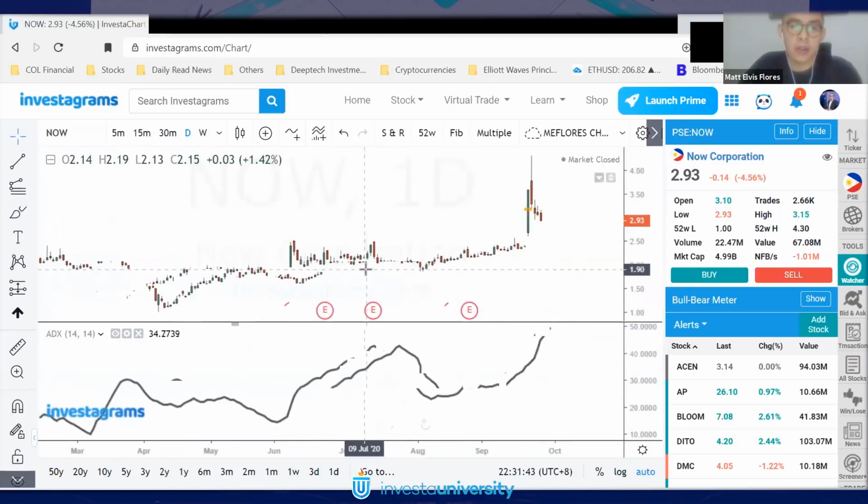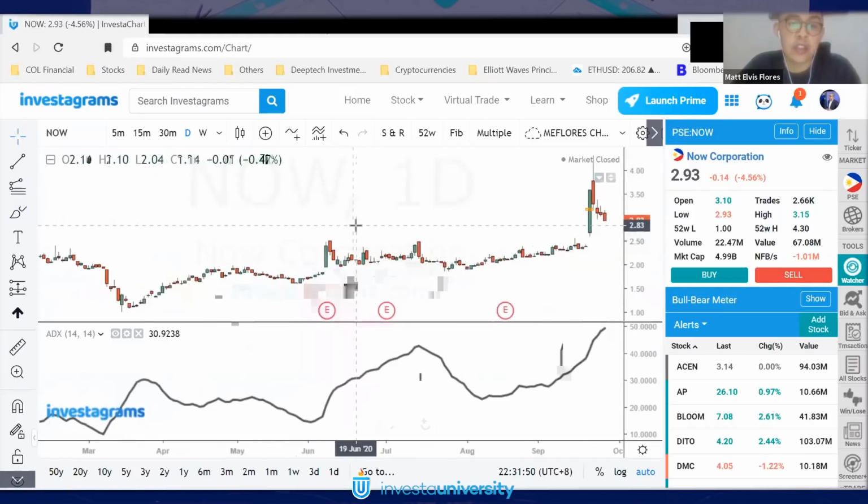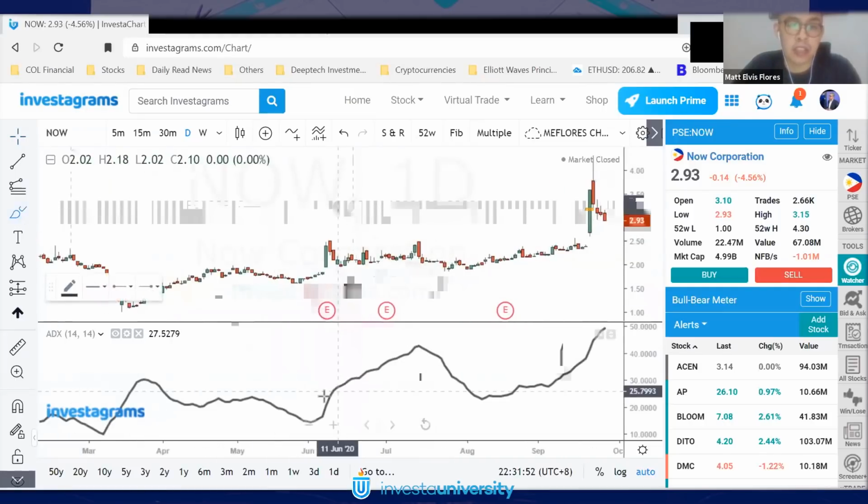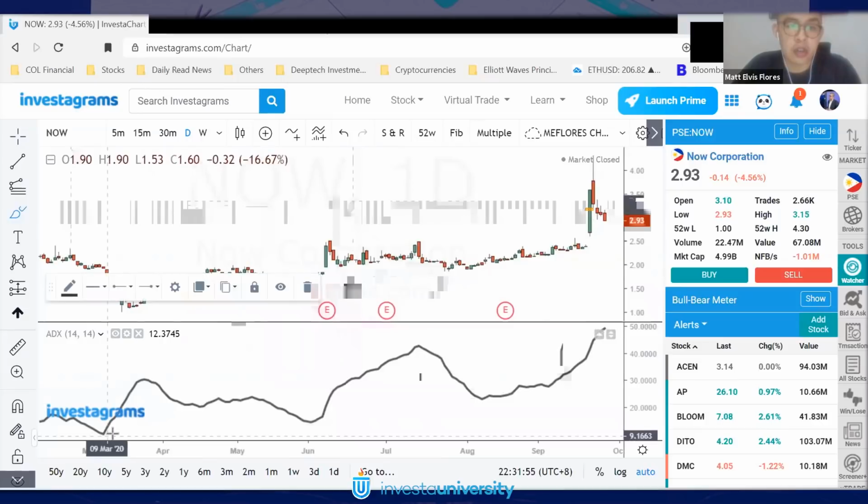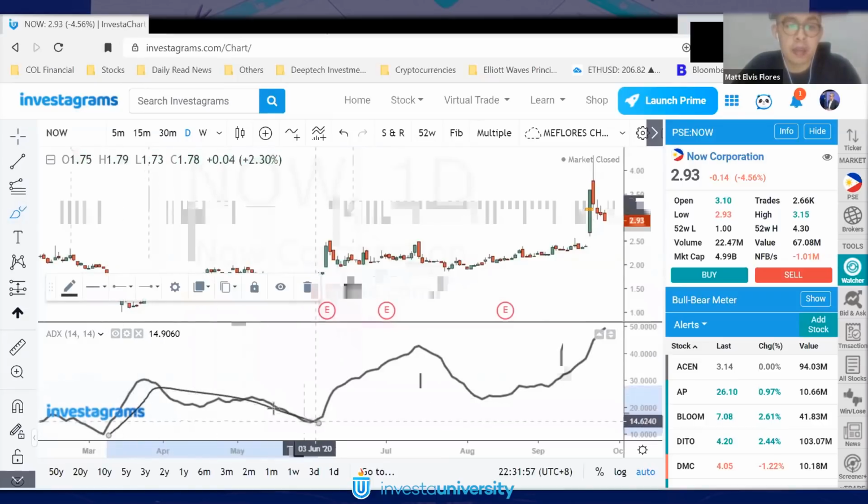Nagcapitulate na yung mga tao. So this is how we quantify using ADX, kasi makikita mo dyan na your ADX starting to move up.